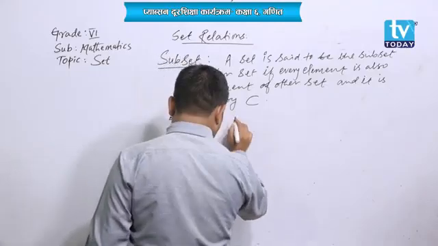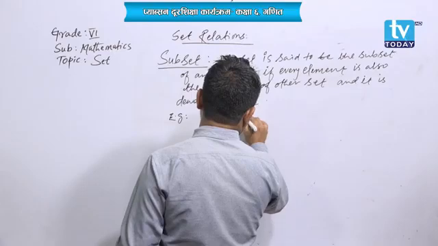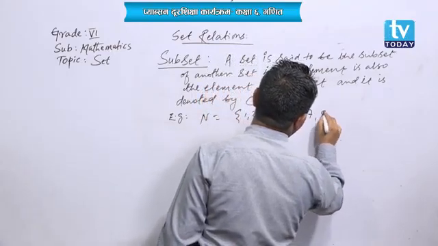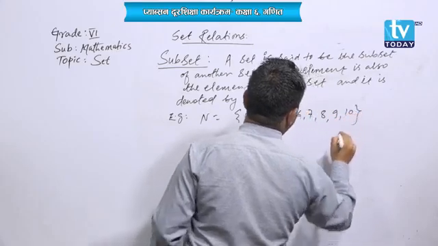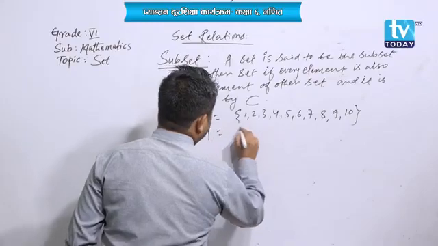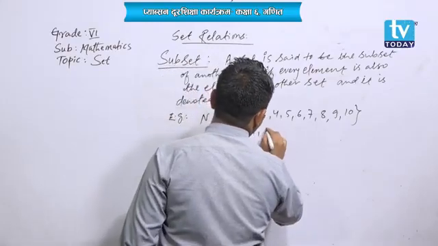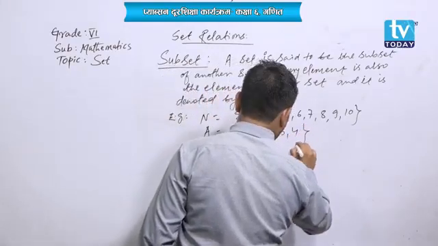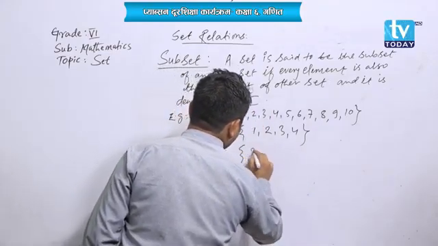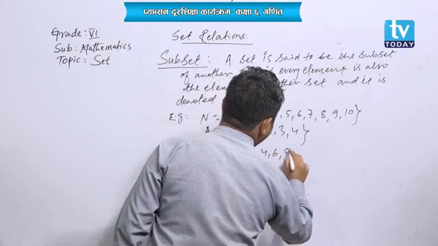Suppose natural numbers 1 2 3 4 5 6 7 8 9 10. I am taking natural numbers from 1 to 10, and suppose A you can take 1 2 3 4. Then B is 2 4 6 8 and 10.